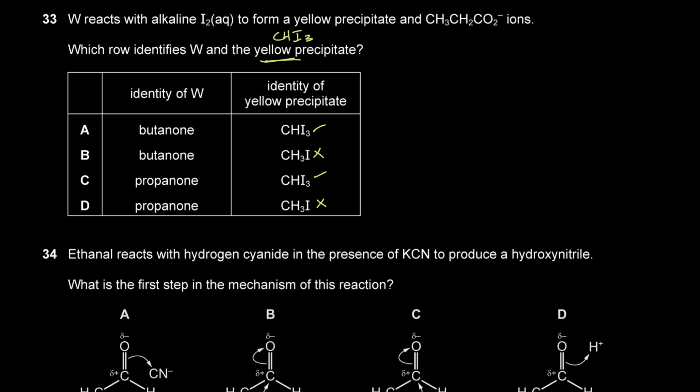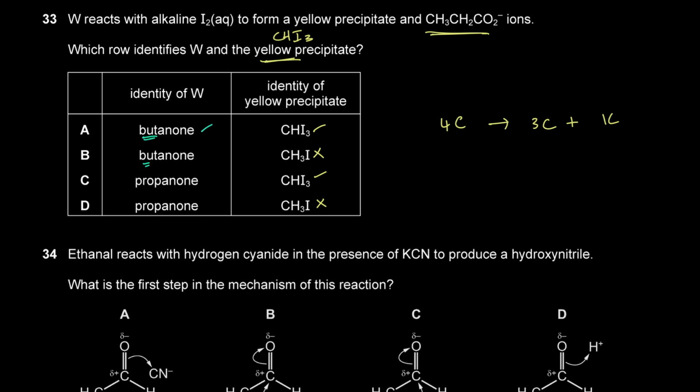So in this case, we're getting this 3 carbon product and this 1 carbon product, which means that the original compound had 4 carbon atoms. So which of these has 4 carbon atoms? Is it butanone or propanone as your initial reactant? It is butanone, but means 4.